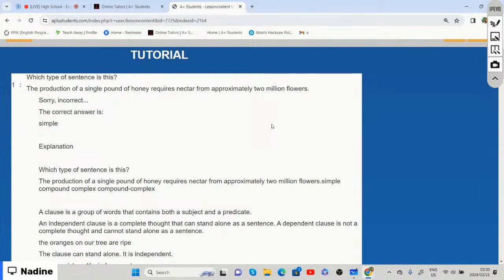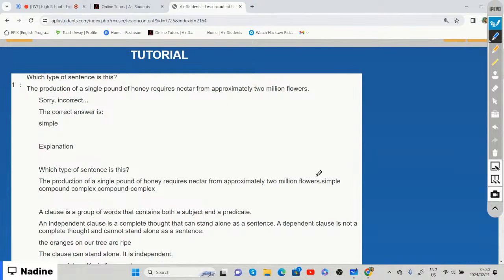So we need to say if that is a simple, compound, complex, or compound complex sentence. All right, and if we were to identify what type of sentence it is, then we will say it is a simple sentence.